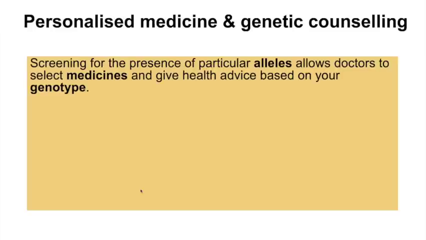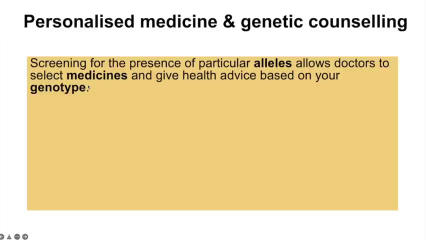Now, alternatively, it could be used linked to personalised medicines and genetic counselling. So as well as screening for the presence of alleles, there are other uses also. Now, if you have used it to screen for a particular allele, that will enable the doctors to then select medicines that are known to work better with that particular genotype.